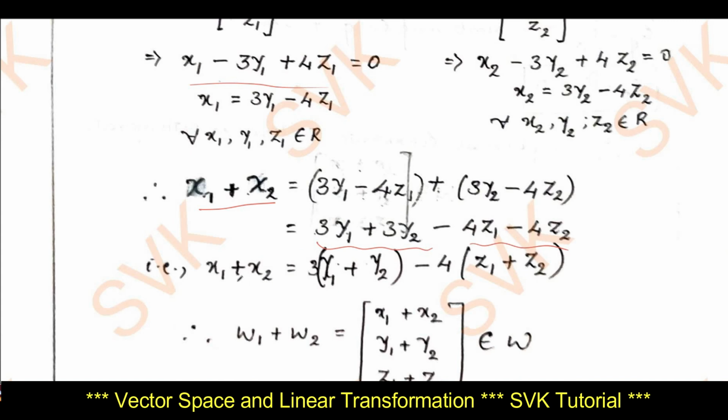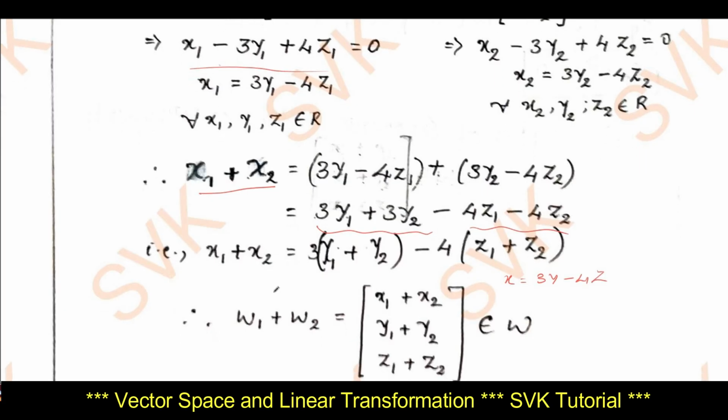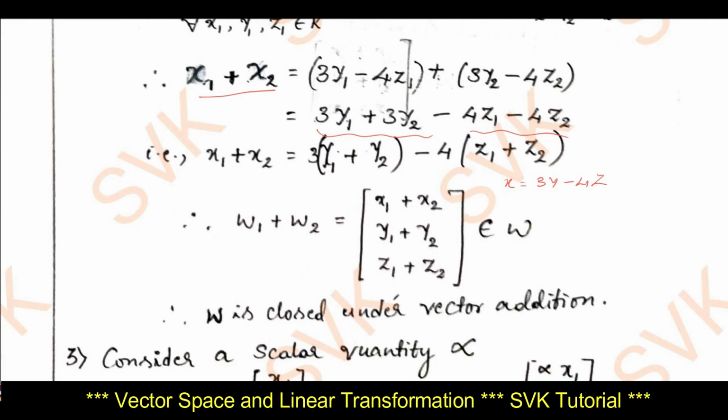So finally I am left with x1 plus x2 equal to 3 times (y1 plus y2) minus 4 times (z1 plus z2). It is the same as the given definition, x = 3y - 4z. So for that reason, I can say that W1 plus W2 belongs to W, therefore W is closed under vector addition.